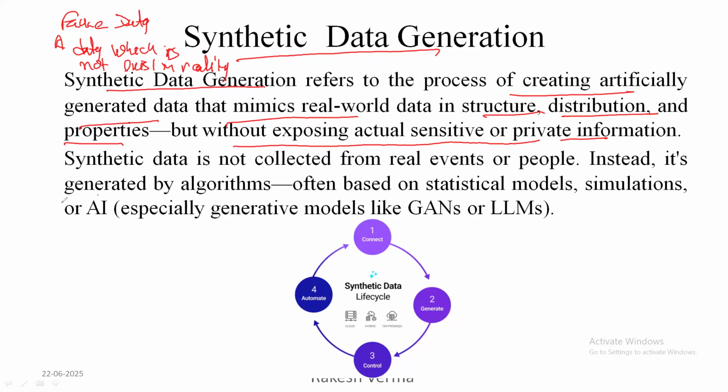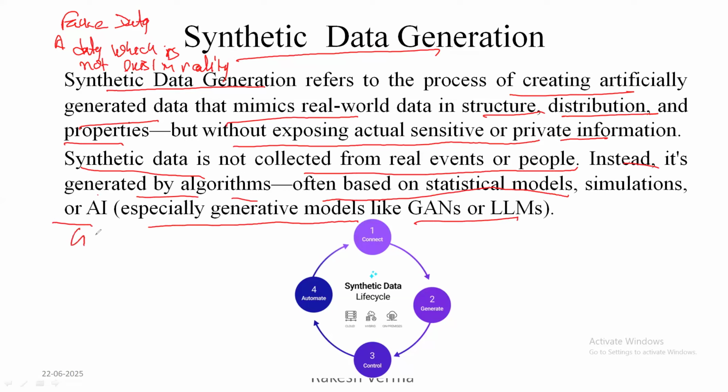There may be general data possible. So synthetic data is not collected from real events or people. Instead, it's generated by algorithms, software, or programs, often based on statistical models, simulation, or AI, especially generative models like GANs and LLMs. So those are basically used for synthetic data generation.